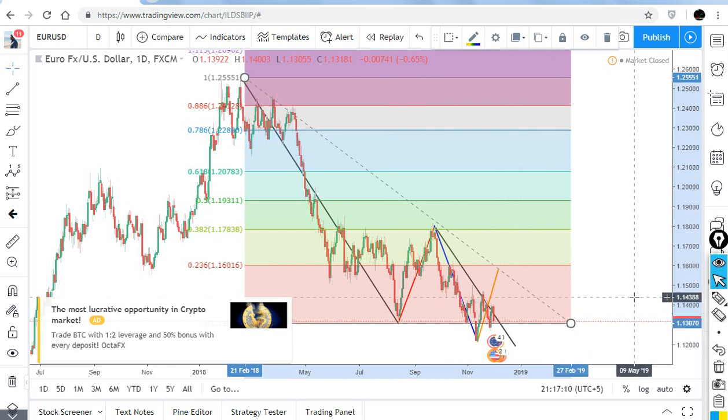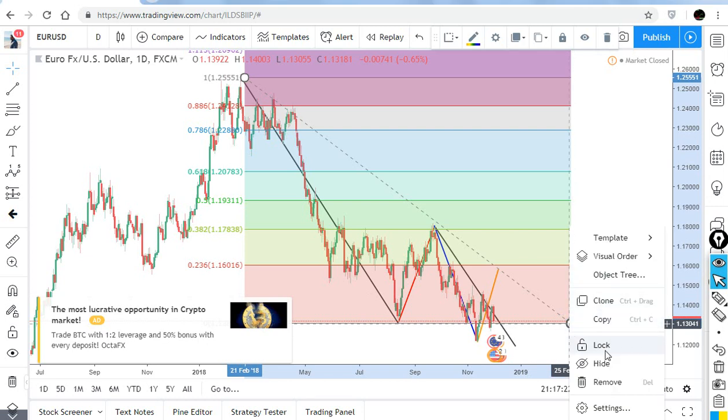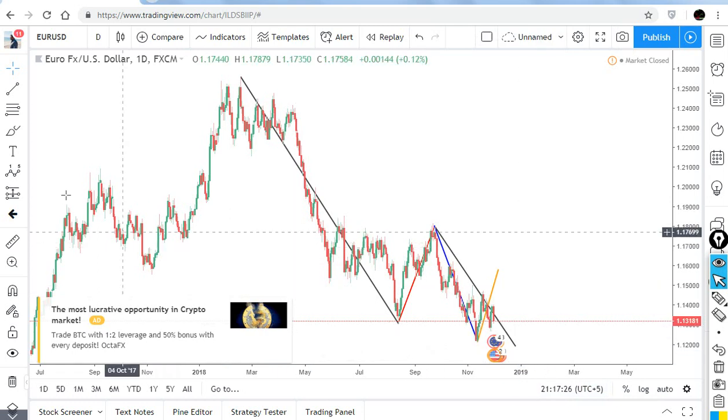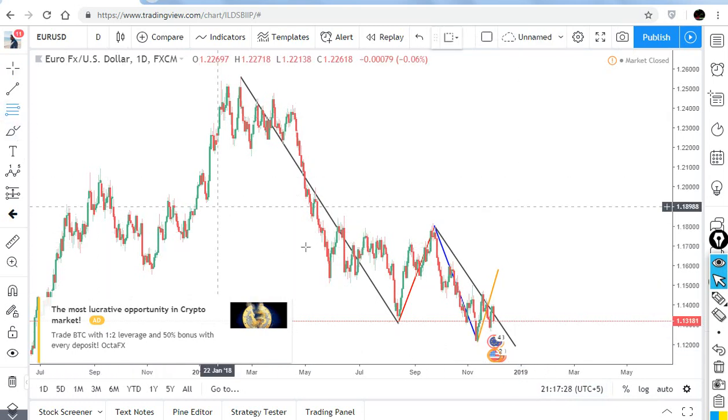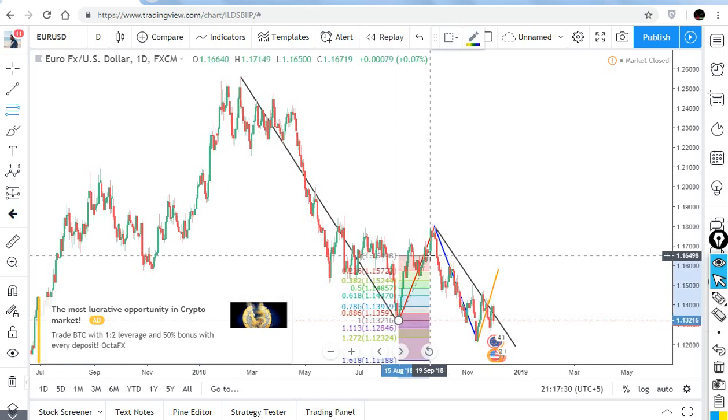Now another thing. What is this? Where are we now? Okay, now another way of detecting the future extension, which I told you to use the correction part.